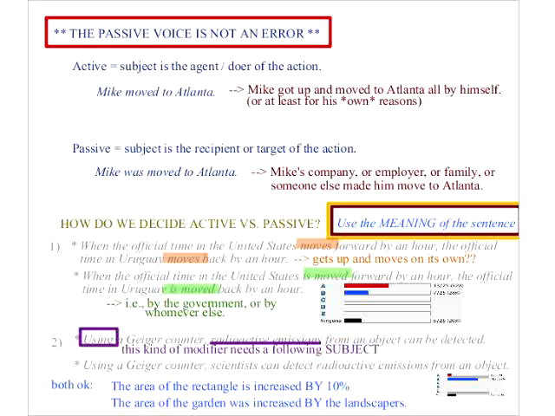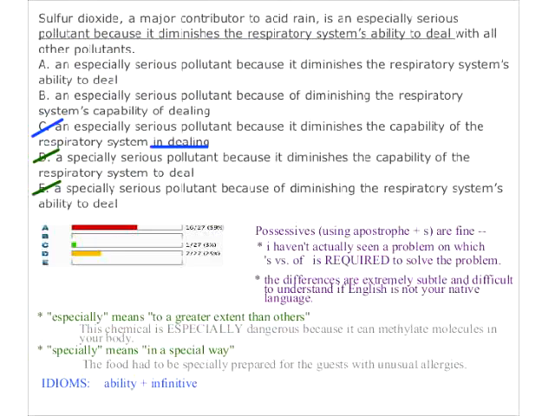Okay, back to the question we were looking at. Actually nothing is passive anywhere in this entire problem. So whoever's asking about passive, make sure you Google passive voice and read up on it, because there is no passive voice anywhere in any of these choices. Okay, back to this.